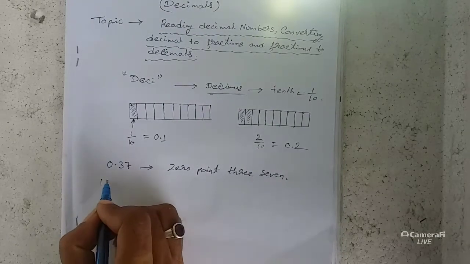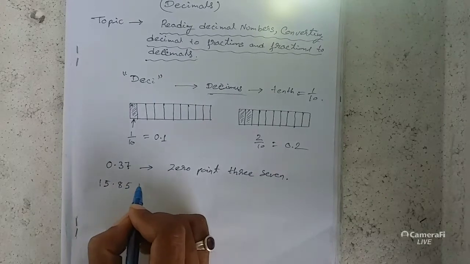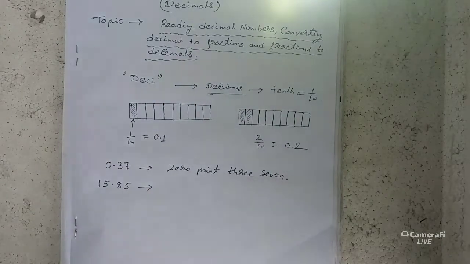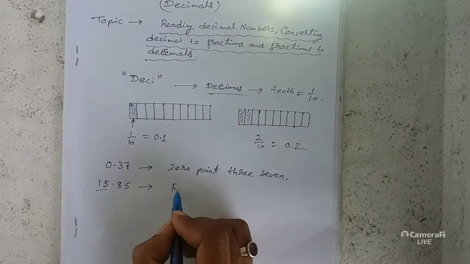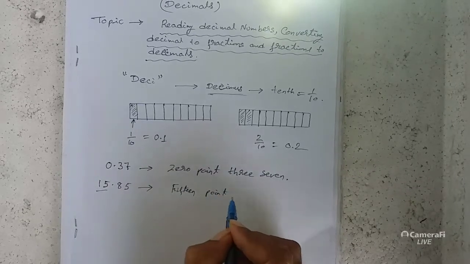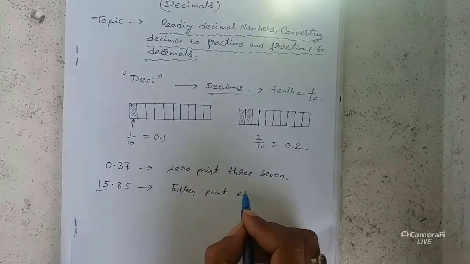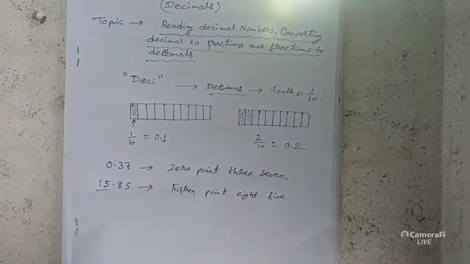If we write this number in decimal, then how will we read it? This is 15.85.